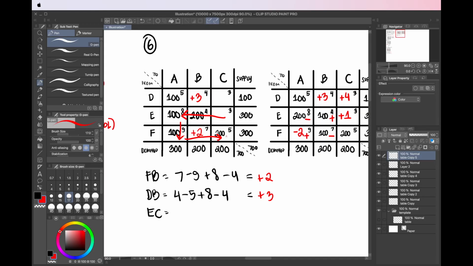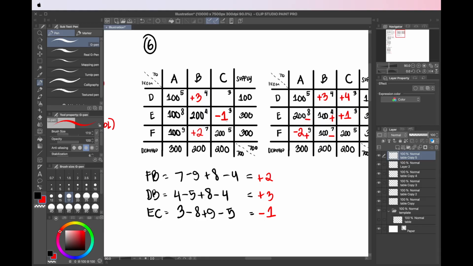We go here and go back. So 3 minus 8 plus 9 minus 5, and we're back. So this would be 3 minus 8 plus 9 minus 5, negative 1. So we would have negative 1 here. Alright?